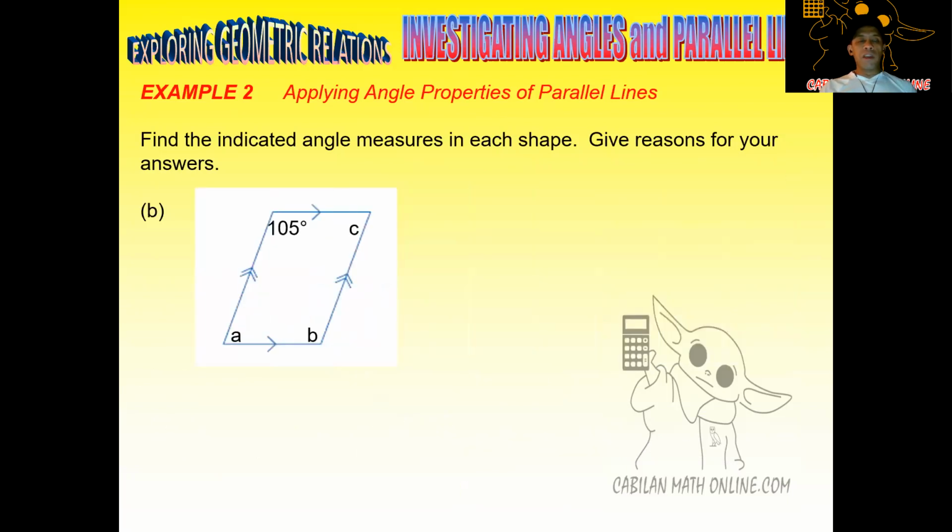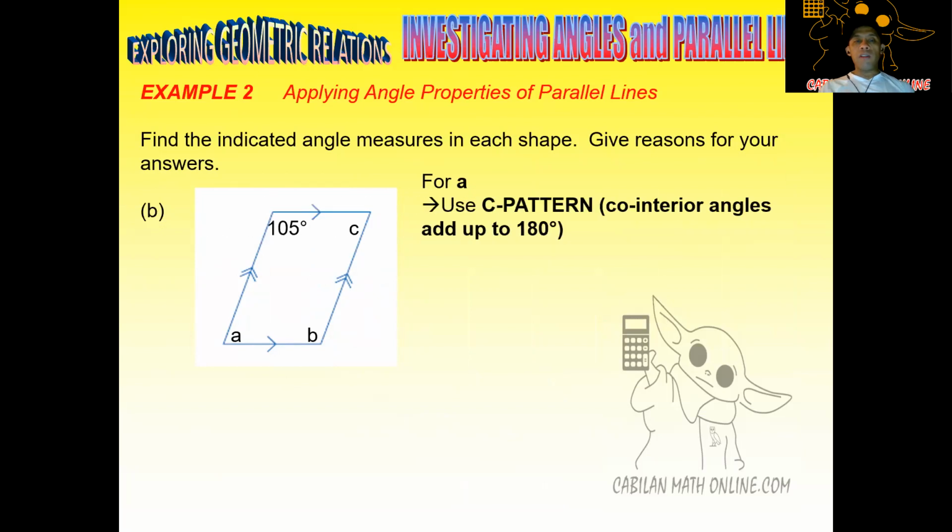Now for this one, this is a special example of a quadrilateral called a parallelogram, where you have two opposite sides that are parallel to each other and the same measure. The next thing I'm going to show you is only applicable to parallelograms, not all quadrilaterals.